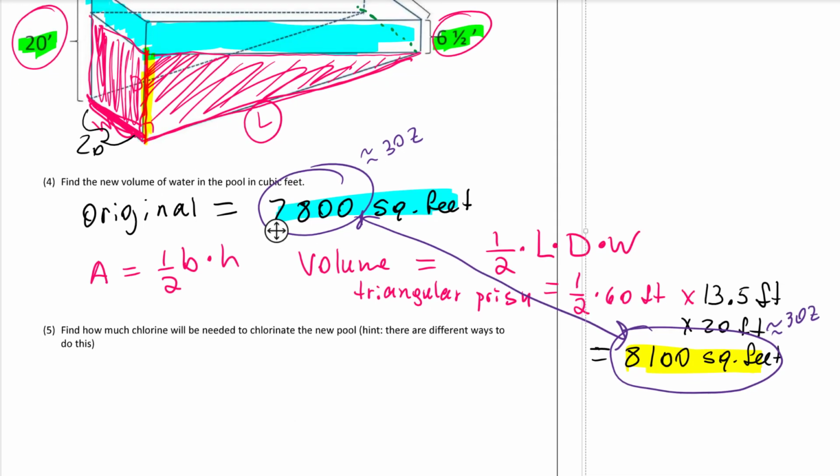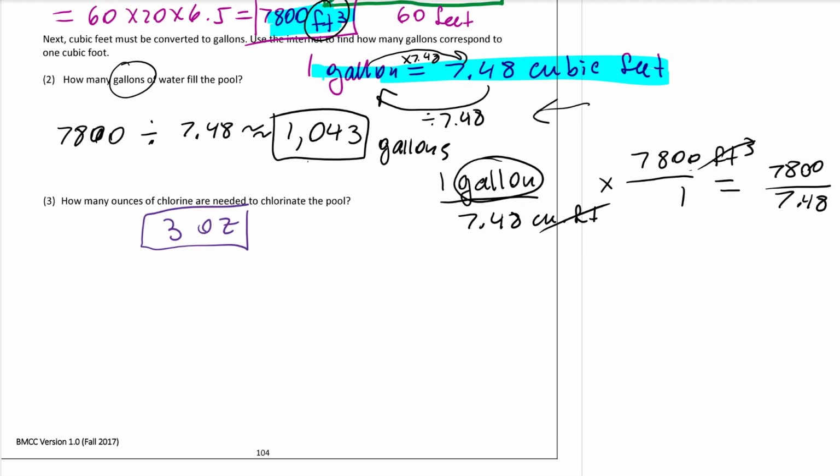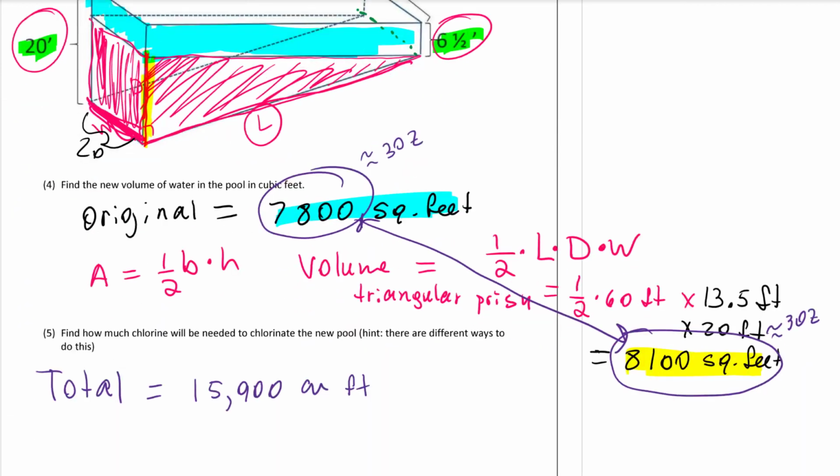Now, if you want to check this, you can go ahead and do the conversion to find the total volume. The total volume is going to be 15,900 cubic feet. I'm sorry, cubic feet. We're going to divide this by 7.48 to get the gallons.